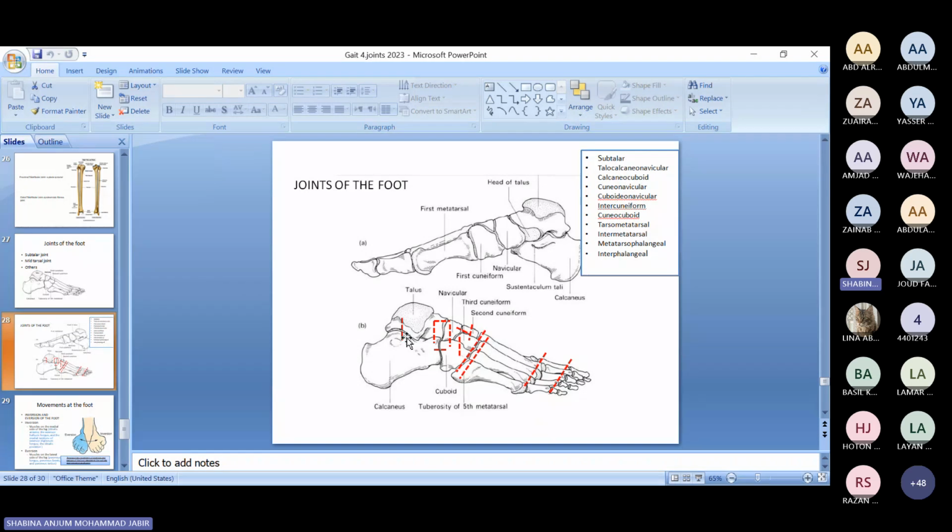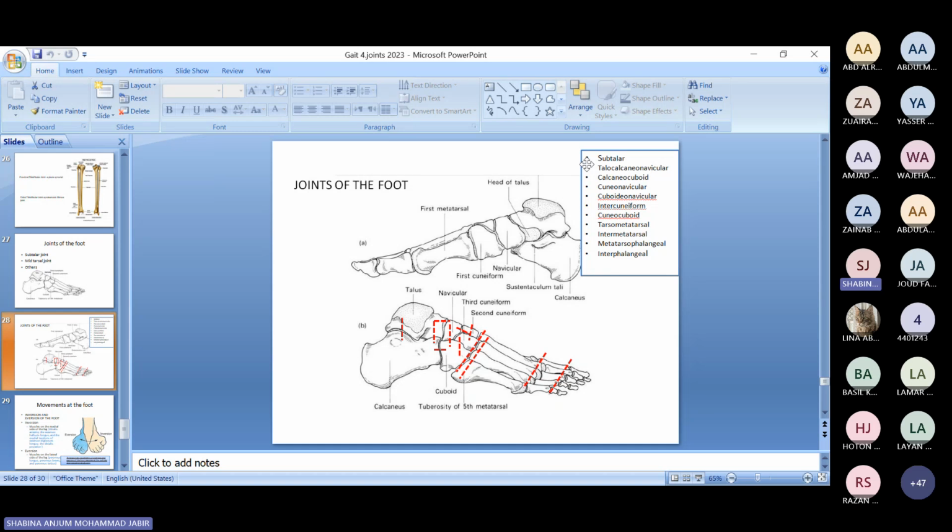Then the next two joints, talocalcaneonavicular and calcaneocuboid, in this area, are called the transverse tarsal joint. So note down these three joints: first, second, and third. They are responsible for the inversion and eversion movement.